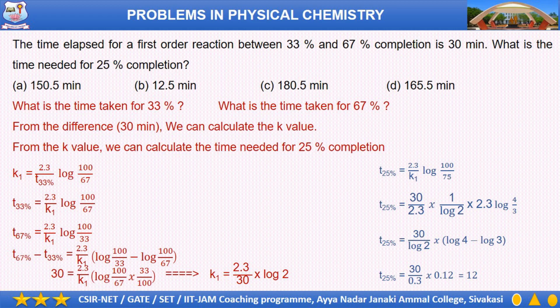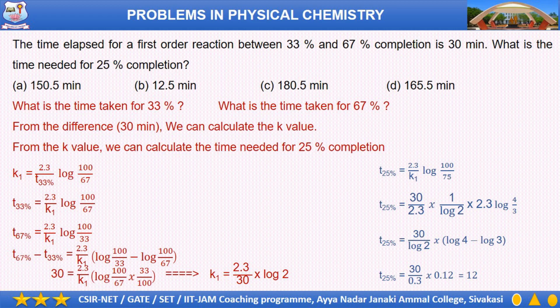And 0.3, 30 divided by 0.3, how much? 100. 100 into 0.12 is 12. Therefore, the T of 25% is approximately 12 minutes.